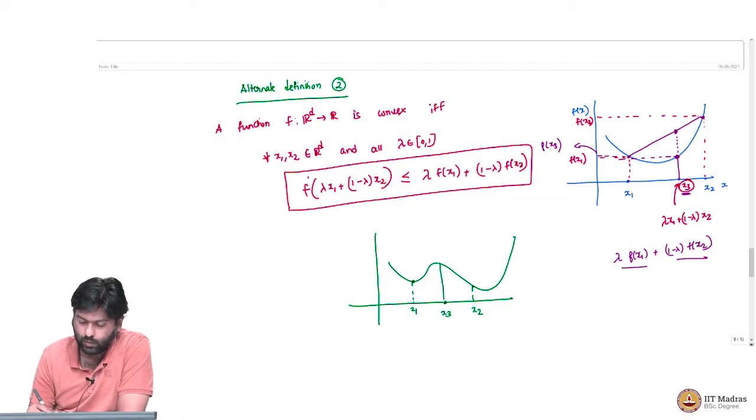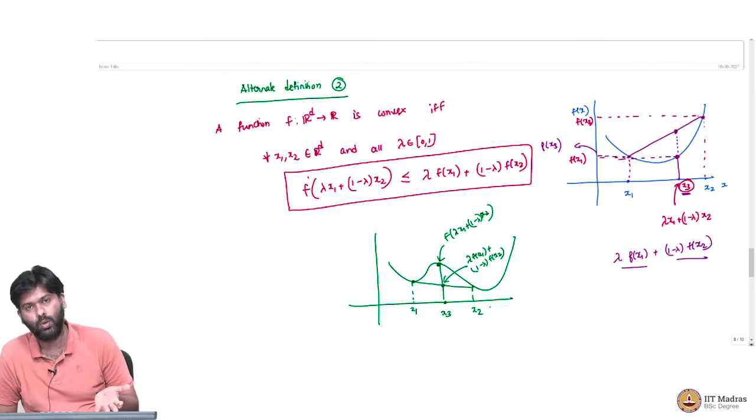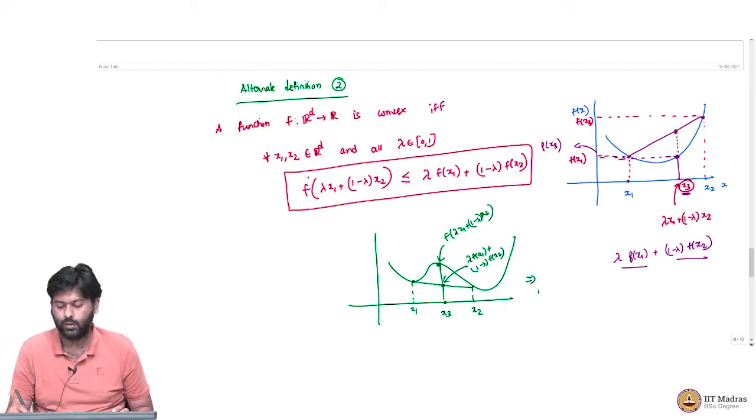So, the function's value at x3 is actually higher than the interpolation of f of x1 and f of x2. So, this is lambda f of x1 plus 1 minus lambda f of x2, whereas this is f of lambda x1 plus 1 minus lambda x2. In this case, this is higher than the linear quantity, and so this cannot be a convex function, right. So, which implies not convex.